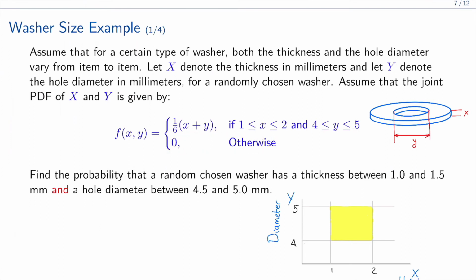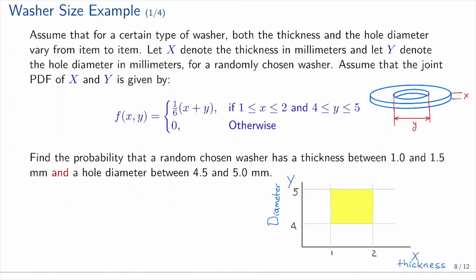If I plot the domain for x and y, we have x, the thickness, and y, the diameter. This is not to scale. The region in yellow is the region in which the probability density function is different from 0. All around it is equal to 0.